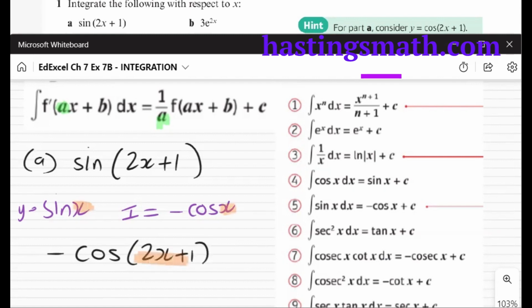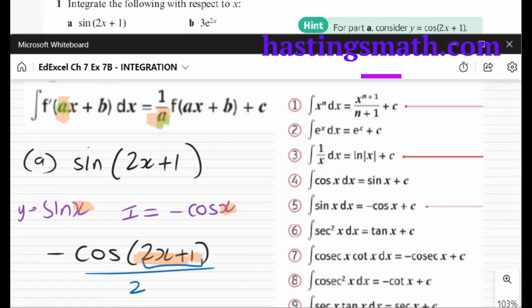But there's a function inside a function, so this is a version of the chain rule. And when you use the chain rule, you furthermore have to divide. So take a look at these little a values. We have to divide by the first derivative of what's inside the bracket, which is going to be 2.